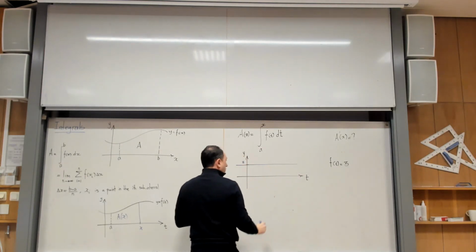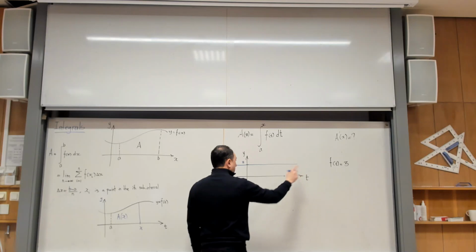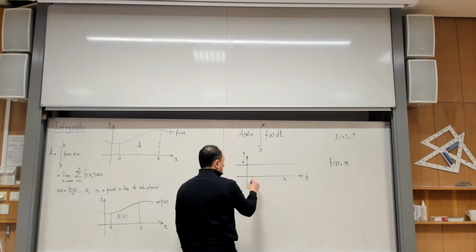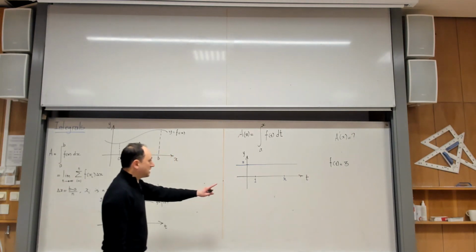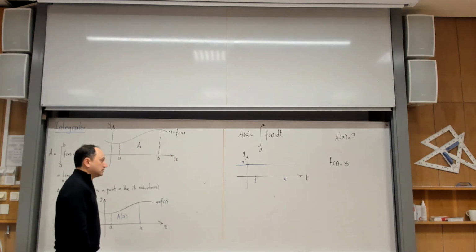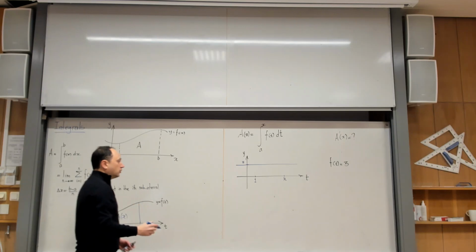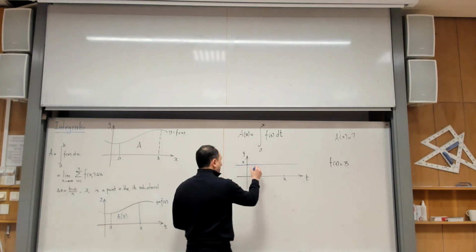And as I told you before, let me leave the right-hand side moving, x. But let me, I don't know which number you like, so let me choose this number to be 1, for example. x is some number larger than 1, and I am interested in this area.